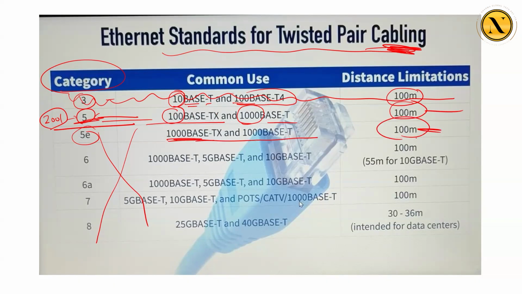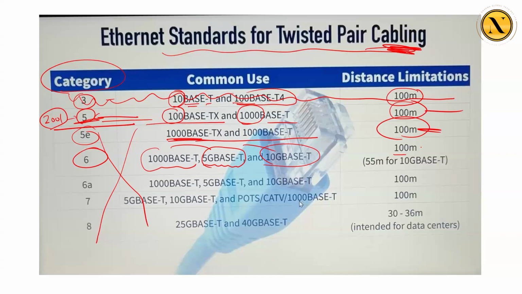Then Cat 6, with all these improvisations. Speed is going to be faster and faster. Again 1000 Base-T, and 5 gigabit and 10 gig. Look at the speed that has gone up from gig to 5 gig and 10 gig.